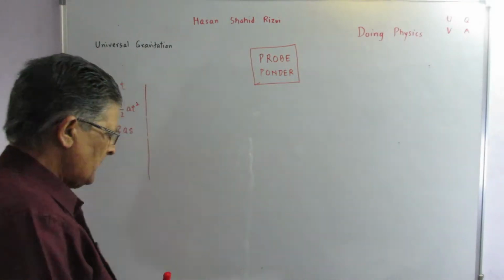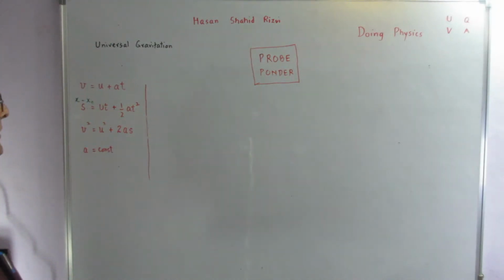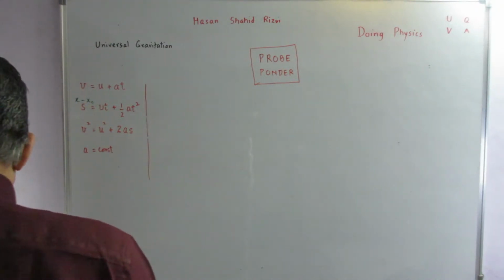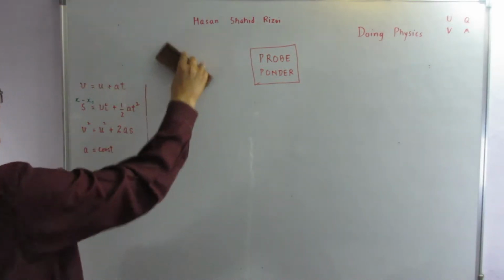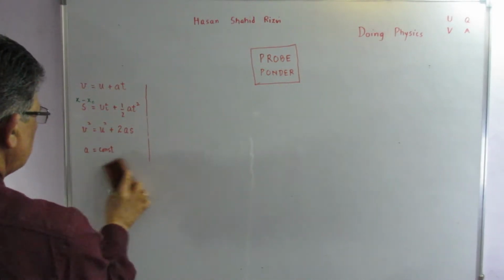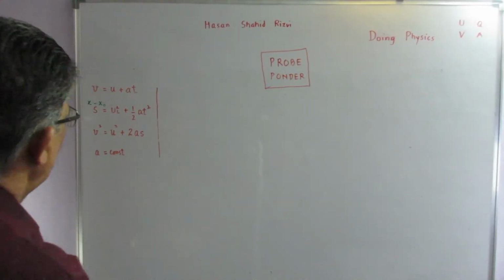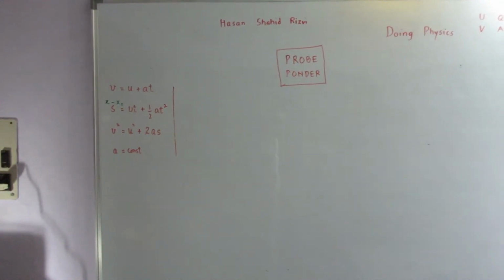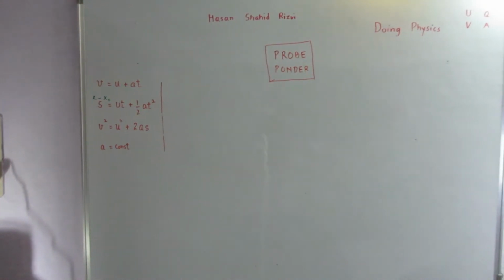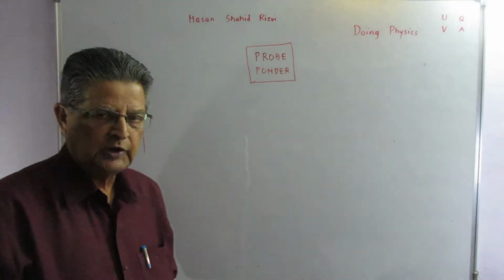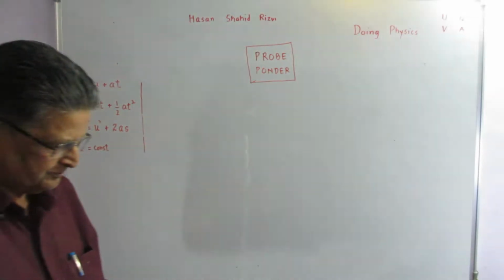And I told you that we will have the occasion to talk about this set of equations: v is equal to u plus at, s is equal to ut plus half at square, and v square is equal to u square plus 2as, as they appear over here.